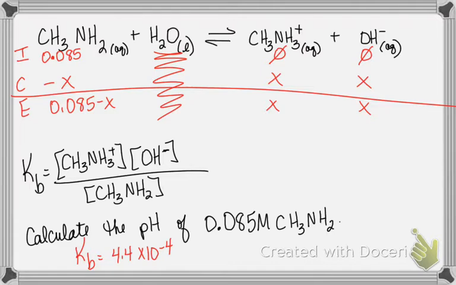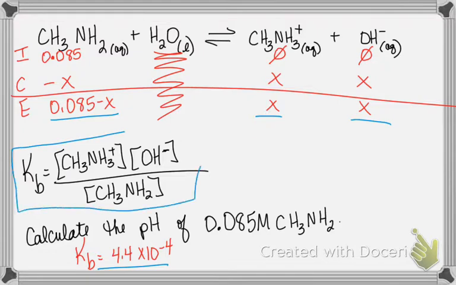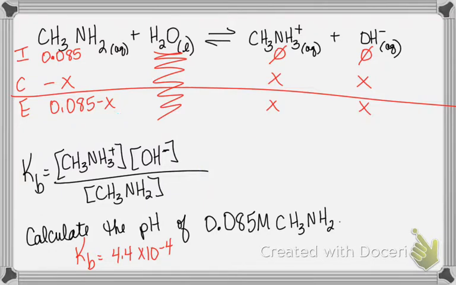So now I'm going to take these and the Kb, and I'm going to combine them all into this expression. So I'm going to say the Kb, 4.4 times 10 to the minus 4, is equal to X and X, which is X squared, divided by the initial concentration.